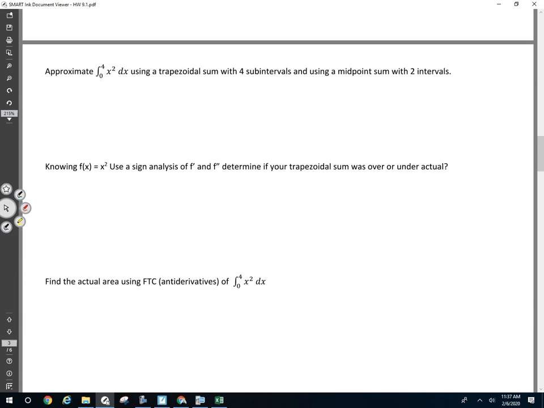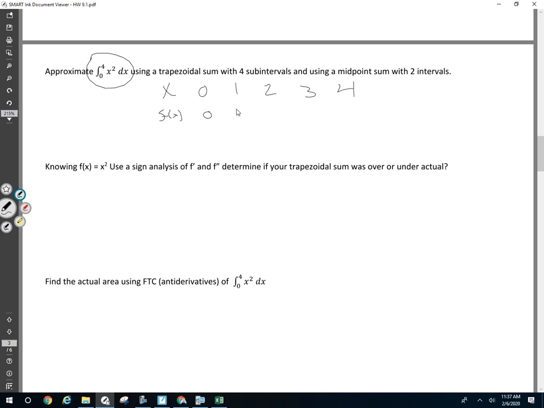All right, let's go up. Approximate an integral from 0 to 4 of x squared using a trapezoidal sum with 4 subintervals and using a midpoint sum with 2 intervals. What do we need to approximate something like that? What do I need to approximate this? A table, points, 0, 1, 2, 3, 4.